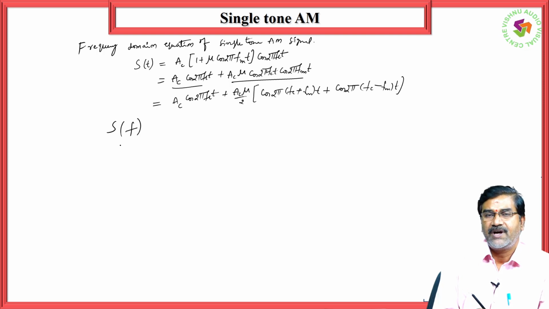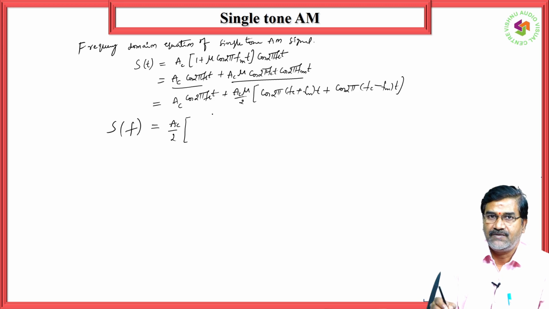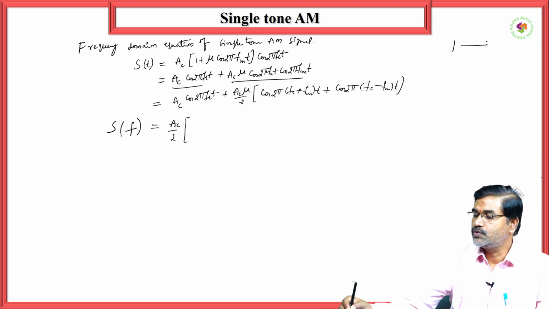So the frequency domain equation S of f can be written as Ac by 2 into, as we discussed earlier, cos is a combination of exponentials. Exponential is multiplied with 1. 1 will constitute a Fourier transform pair with the delta function, delta of f.